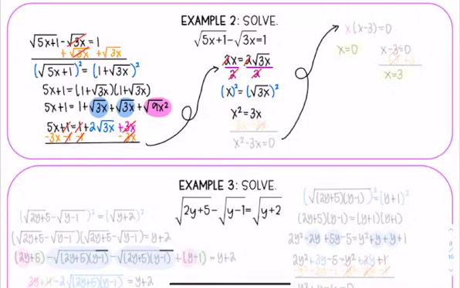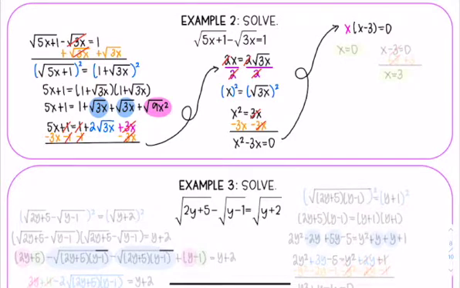And so because this is quadratic, we want to set it equal to 0. I am going to subtract 3x from both sides. And so we have x squared minus 3x equals 0. And so now we look for a GCF, and we have a GCF of x, and I'm left with x minus 3 equals 0.